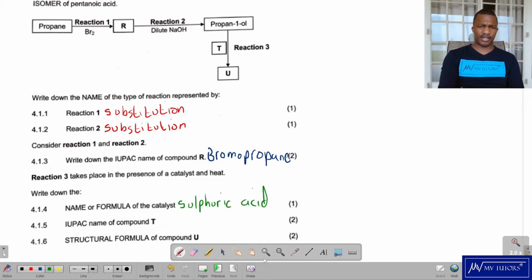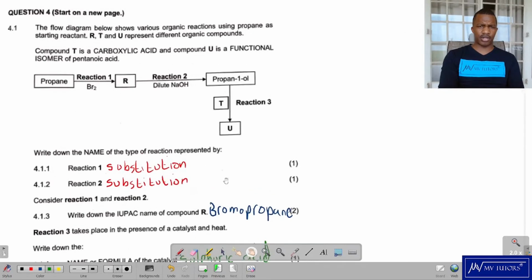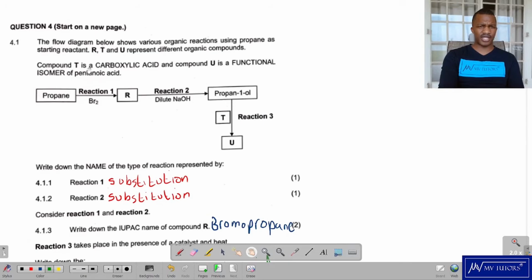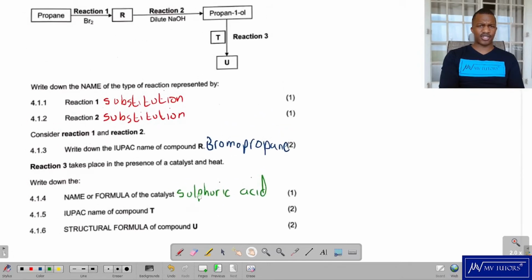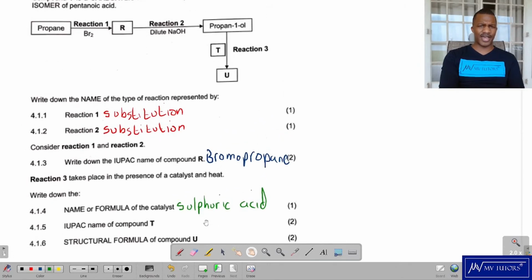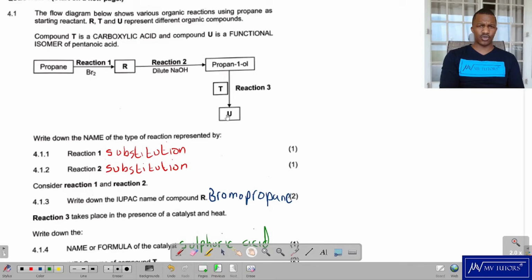Okay, and let's go get some clues about compound T. They say compound T is a carboxylic acid. So compound T is an acid. Now it's just a matter of what kind of acid it is. Now we know that propane is 3 C's, right? And then we know that compound U, they told us, is an isomer of pentanoic acid.